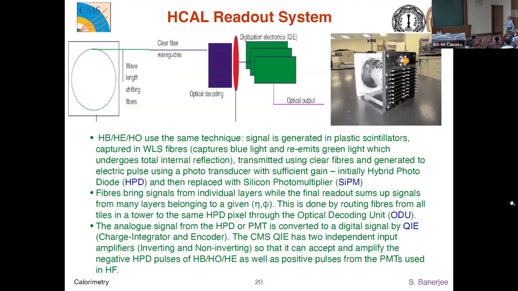Now, a calorimeter cannot be complete without the readout systems. So for the HCal readout, HB and HO use very similar technologies. They utilize plastic scintillators, and the WLS fibers re-emit the light in the green region.